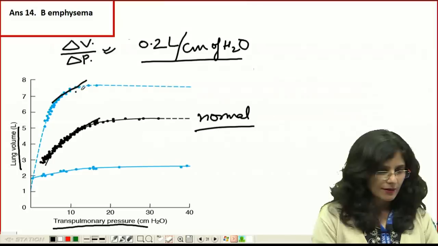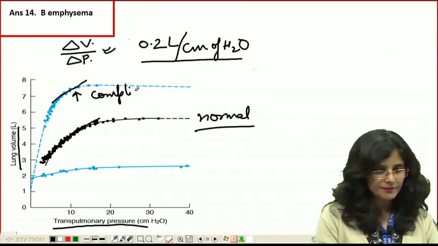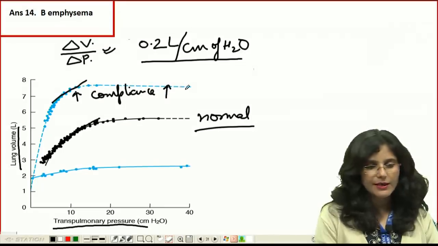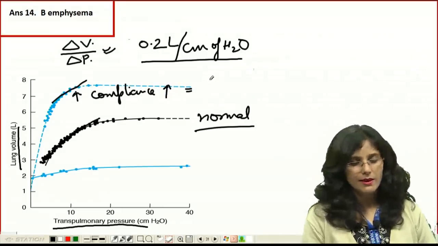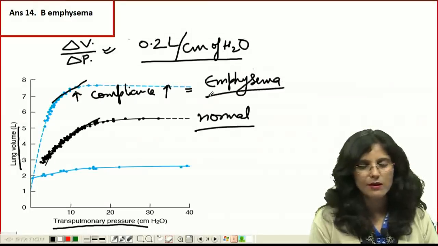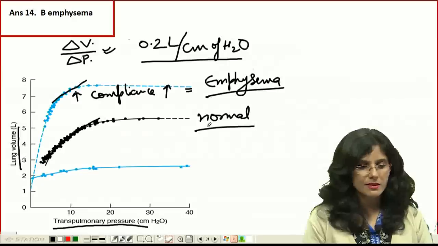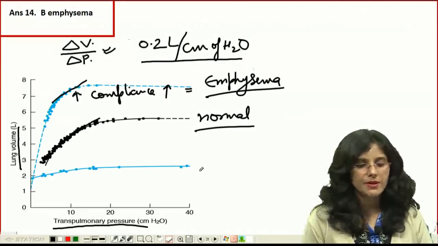Here it means the compliance is increased, and increased compliance occurs in case of emphysema, because it is easy to stretch the emphysematous lung with less change in the pressure.